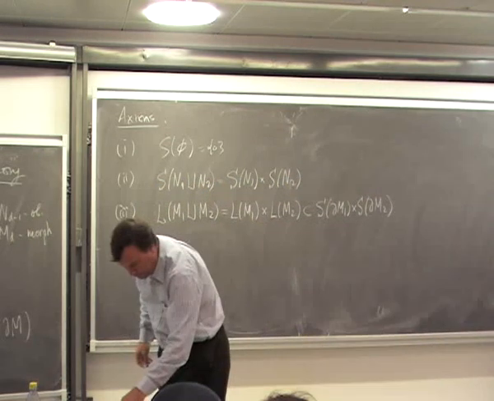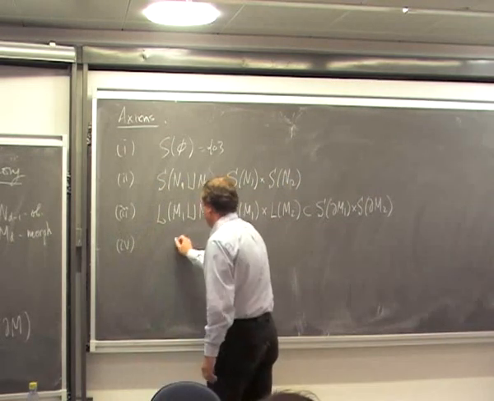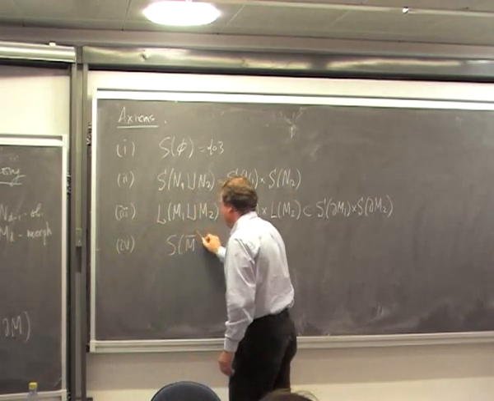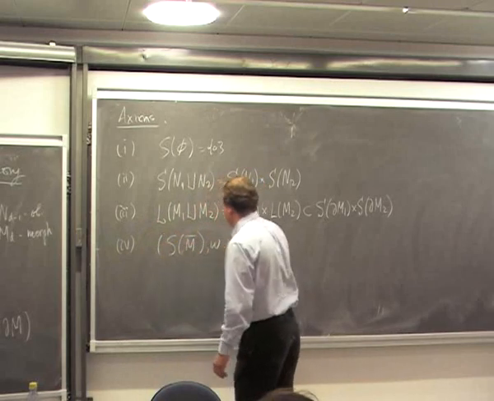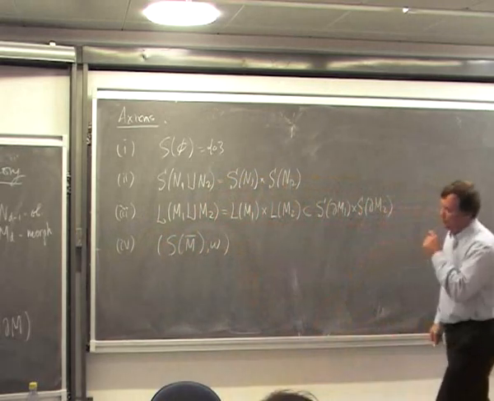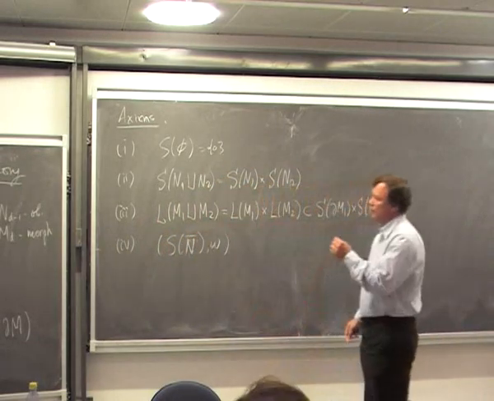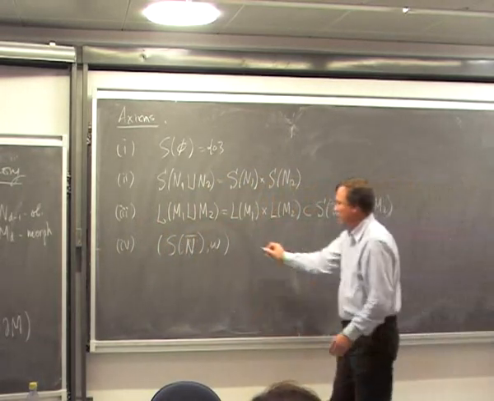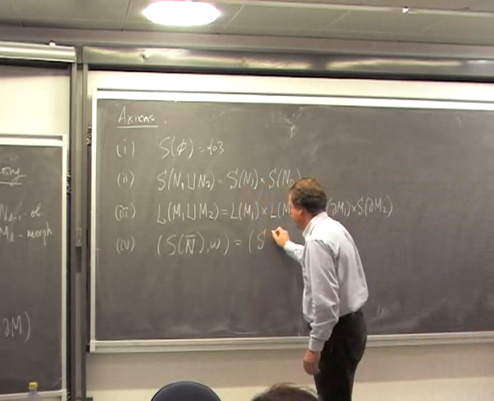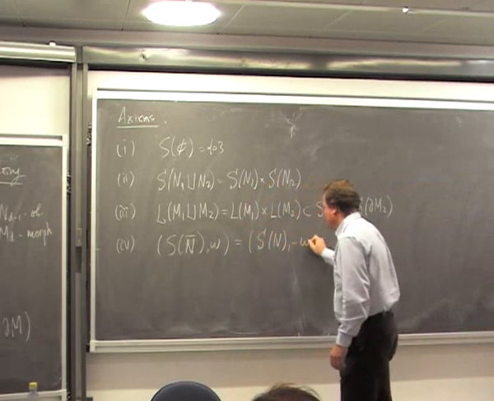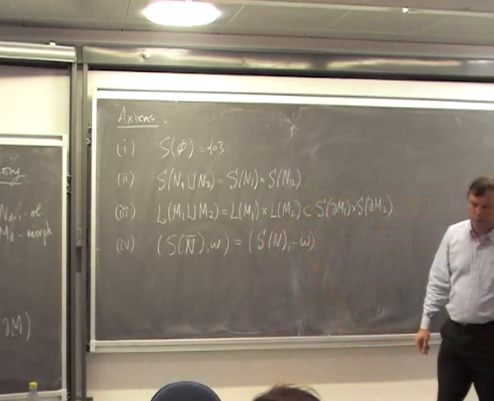Then if we change the orientation in the d-dimensional manifold, the corresponding symplectic manifold changes the symplectic form.